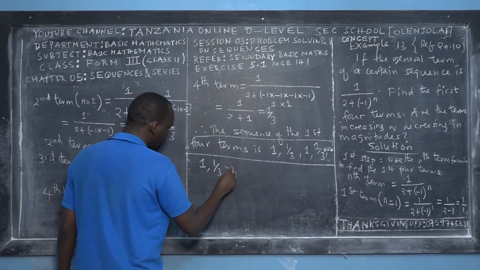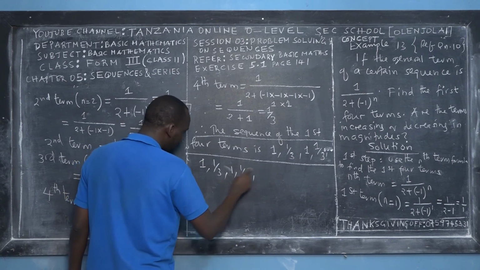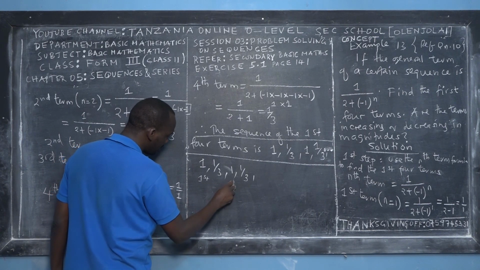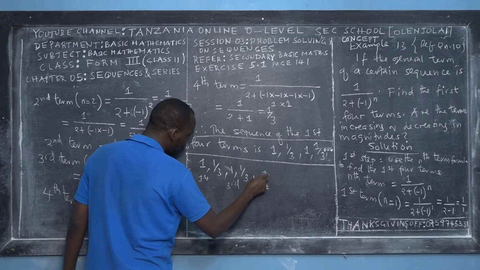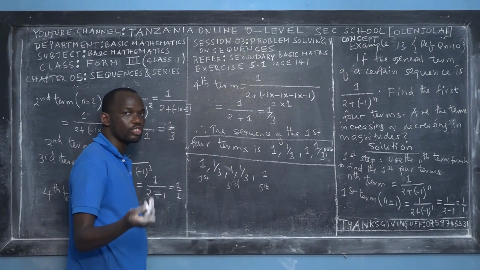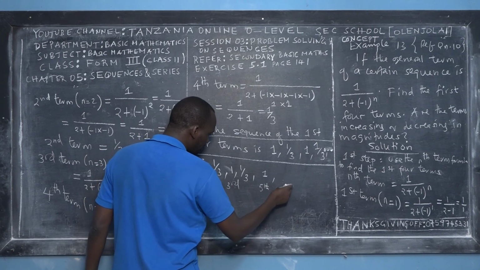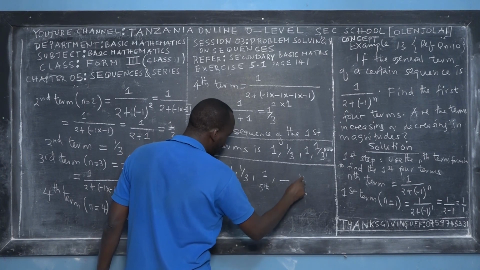1, 1/3. This is 1, this is 1/3. If you continue, this is the first term, this is the third term, the next one here will be the fifth term, so it will be repetition, just like in the sequence of 1, -1, 1, -1. The seventh term also will be 1.